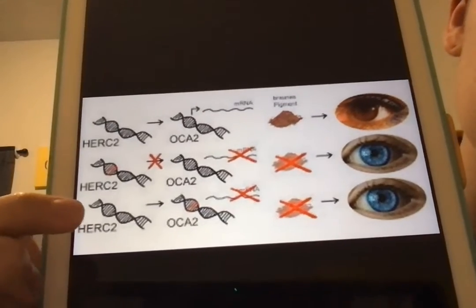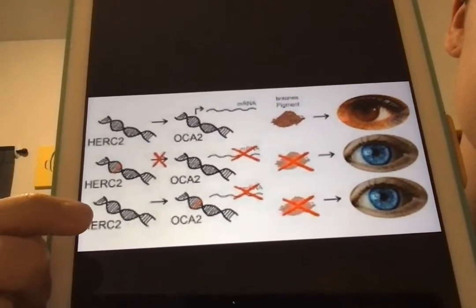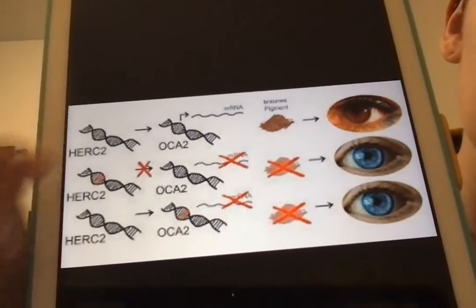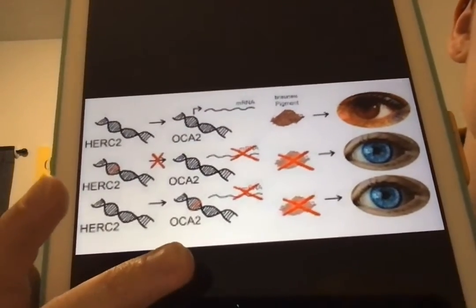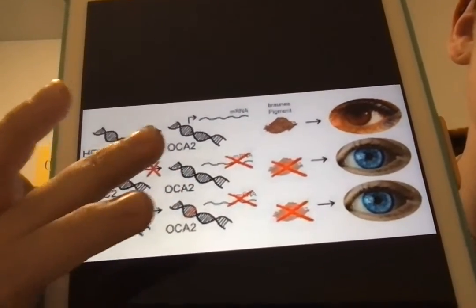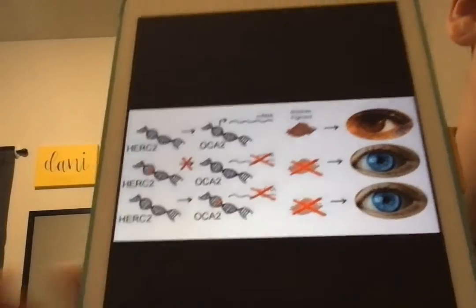And then we have another one, which also shows the HERC2 gene being normal like the first one, and the OCA2 gene being different than the first two. But that also leads to blue eyes. So all these different genes can work together also to determine whether or not someone has a certain trait. And so this is all good, but there are some setbacks just like before.